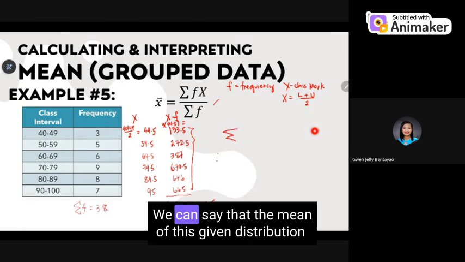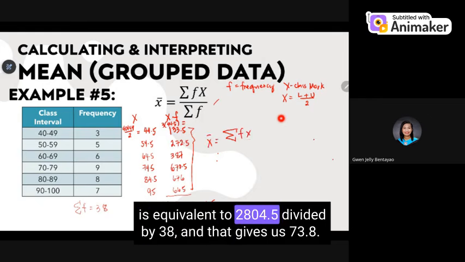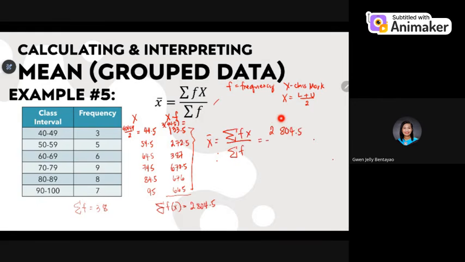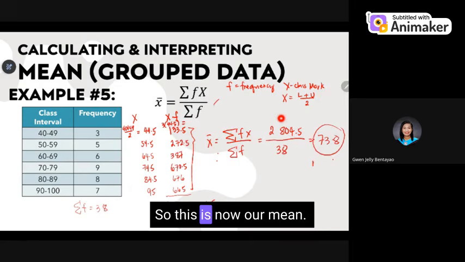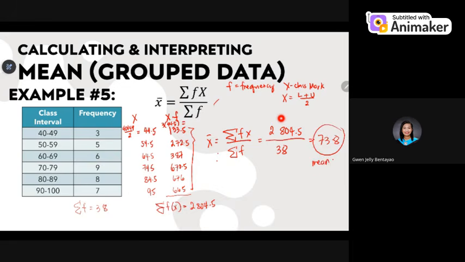So we can say that the mean of this given distribution is equivalent to 2,804.5 divided by 38, and that gives us 73.8. So this is now our mean.